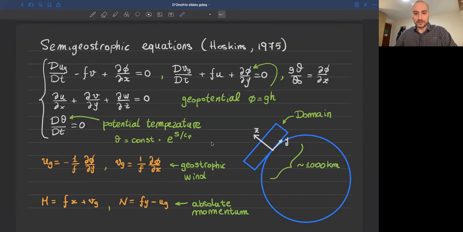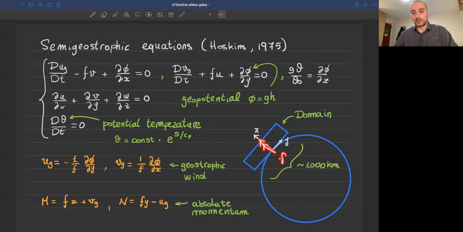Okay, so other important physical quantities are the so-called absolute momentum components. Only the horizontal ones are going to actually matter, and they are defined this way. I forgot to mention that this F, the Coriolis parameter, represents the speed at which our reference system spins around the z-axis.